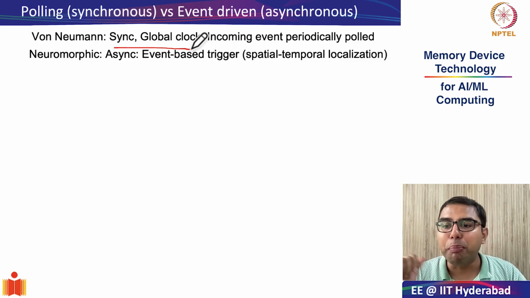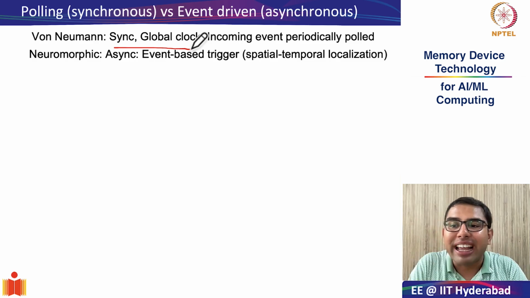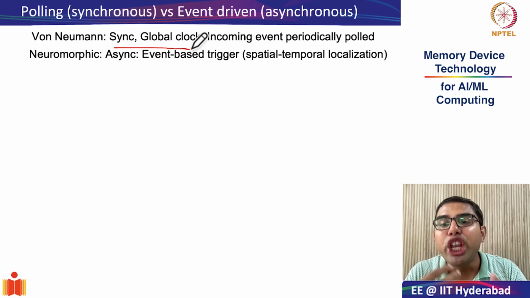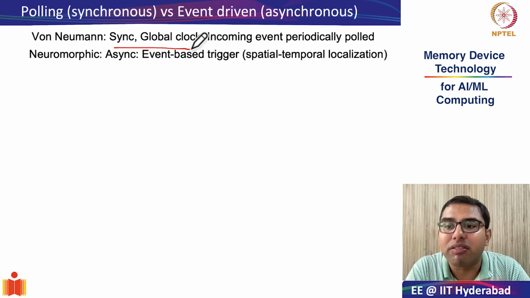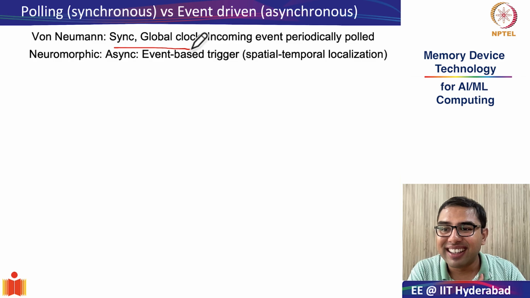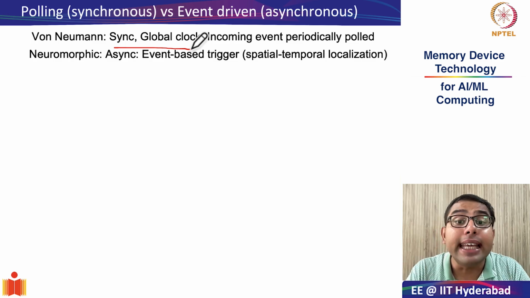A simple example is that you are keeping on refreshing your email inbox every second to check whether a new email has arrived or not. This is more like a CPU or GPU that is always active because you're continuously polling and you're always checking even when nothing useful is happening.